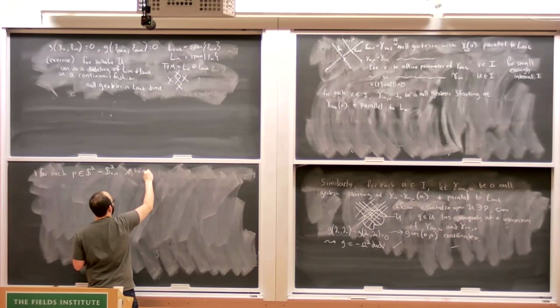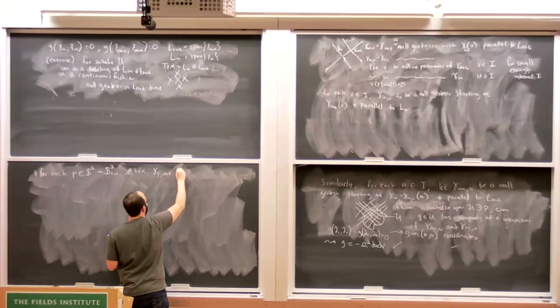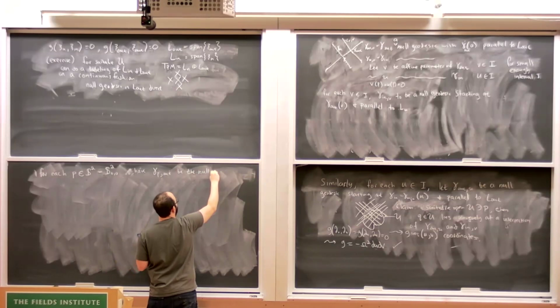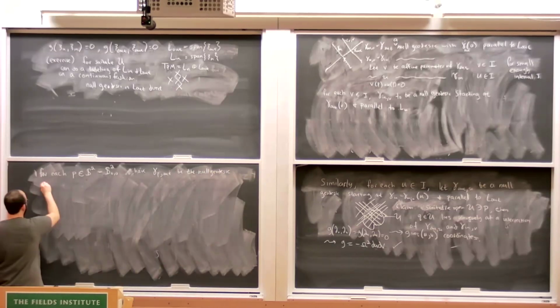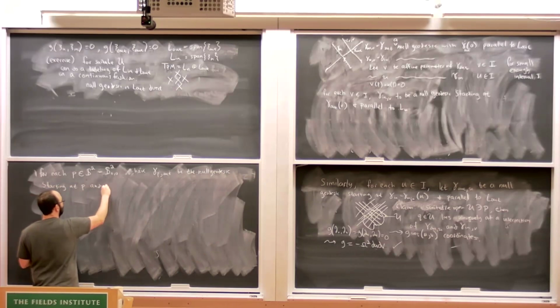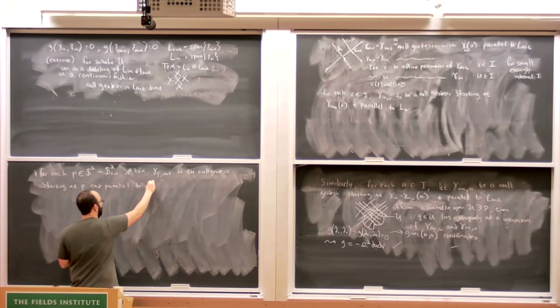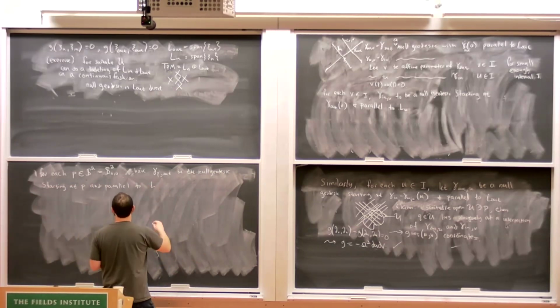for every p in there, I'm going to have, say, gamma p out be the null geodesic starting at p and parallel to L. So that's these L's everywhere.